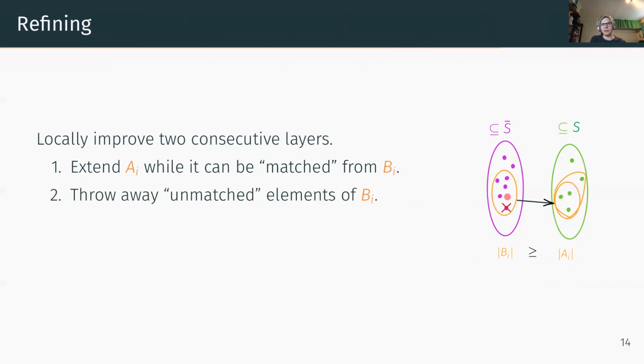After this, we can throw away any unmatched elements on the layer to the left, and these can be deemed useless and we can ignore them for the rest of this phase when trying to find this blocking flow. So after this procedure, we can guarantee that these two sets have the same size. Here we have added a few elements, here we have removed some elements, and they end up with the same size. In this case, they both have 4 elements.